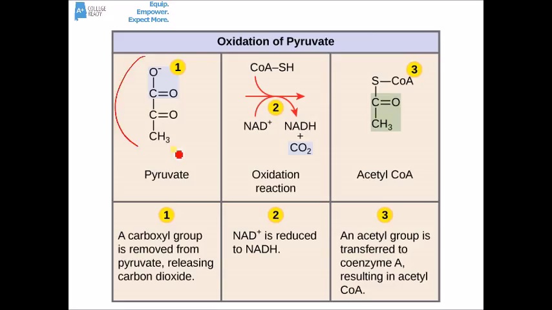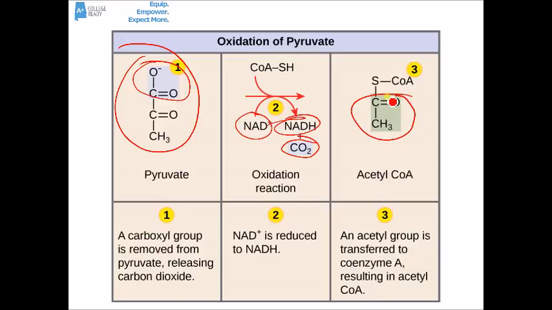So here's our 3-carbon pyruvate. Here it's getting oxidized. The electrons are transferred from the 3-carbon pyruvate to NAD plus to make NADH. And one of the 3 carbons, the one in blue in this case, is released as carbon dioxide to leave behind a 2-carbon acetyl group, which attaches to this coenzyme A to make acetyl-CoA.